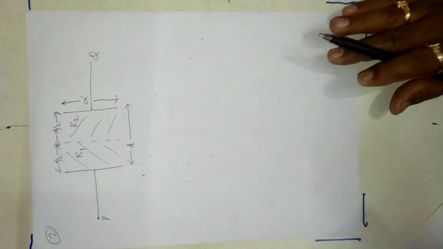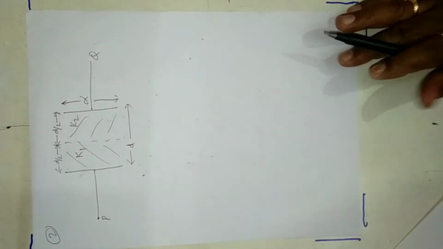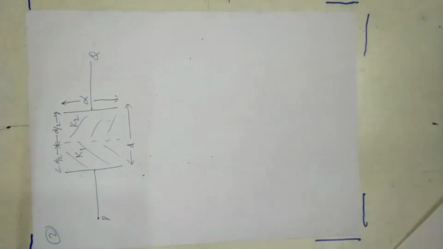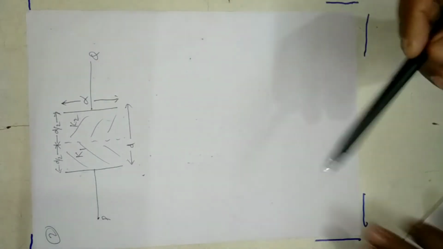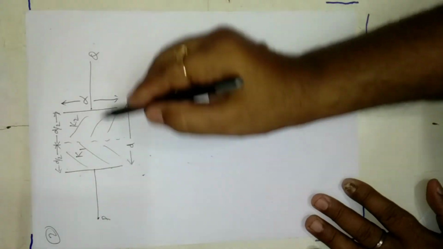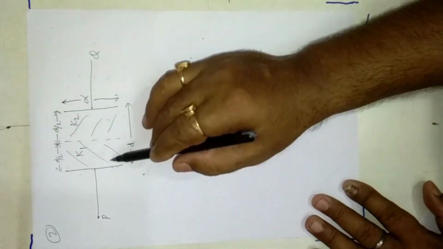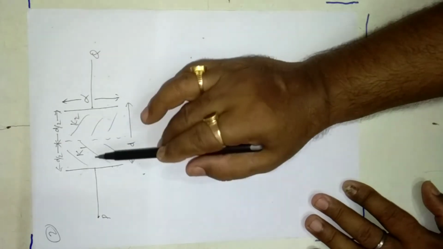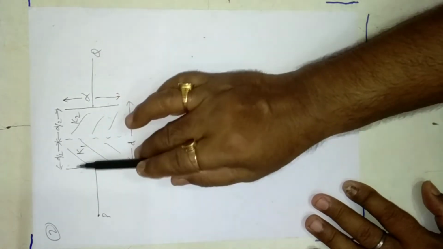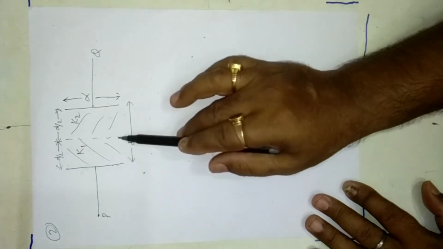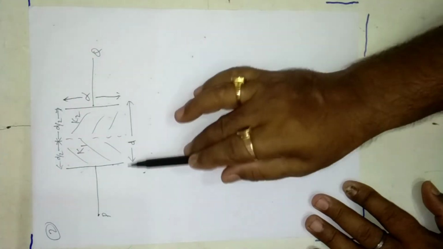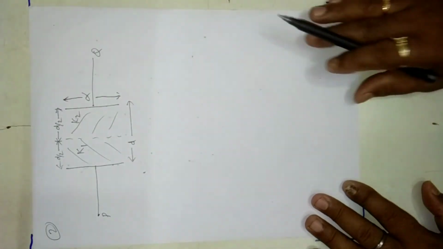Now come to a different question. Previously, the upper half and lower half were filled by different dielectrics. Now the situation has changed. This is the capacitor and it is filled by two dielectrics having dielectric constants K1 and K2, each filling half of the distance between the plates, as shown in the figure.